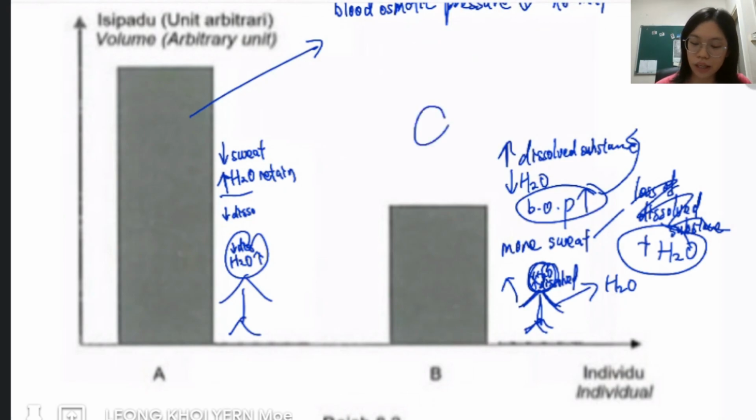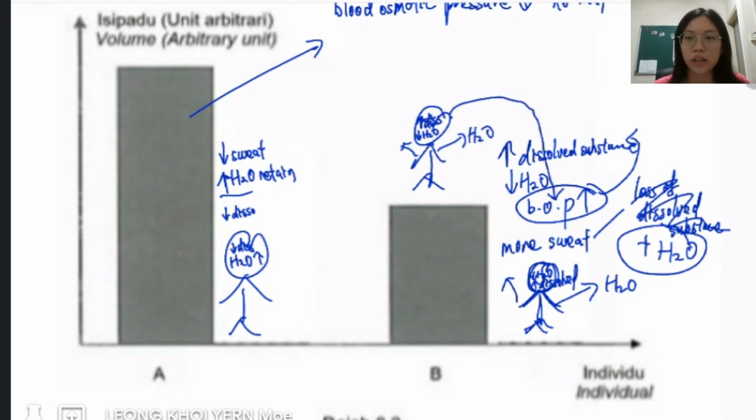But for this person that sweats a lot, a lot of water is lost from the body, so the dissolved substance becomes very high since it has low water content. High dissolved substance means high blood osmotic pressure. I hope you understand this part.